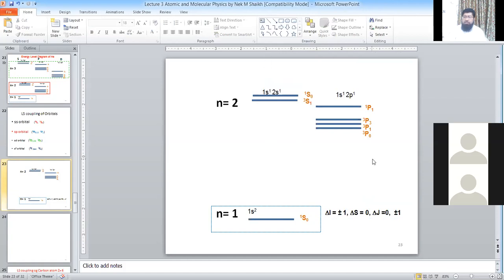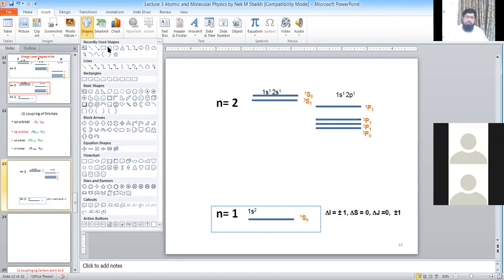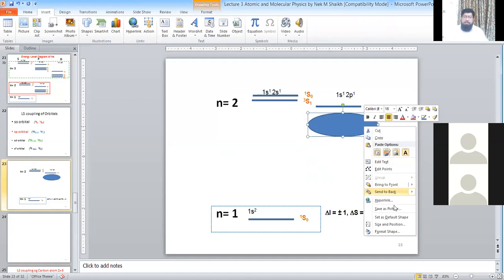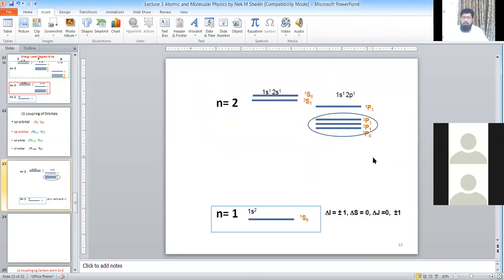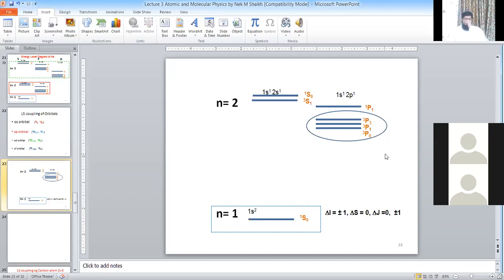If the electron is in the 3p1, अगर इलेक्ट्रॉन इनमें है 3p1 में, तो भी पॉसिबल नहीं है. क्यों? कि अगर आप यहां पे देखें, अगर इलेक्ट्रॉन यहां पे है, 3p1 में, तो भी पॉसिबल नहीं है. क्यों? कि आप ये देखें कि ये स्टेट्स है, ये भी पॉसिबल नहीं है.